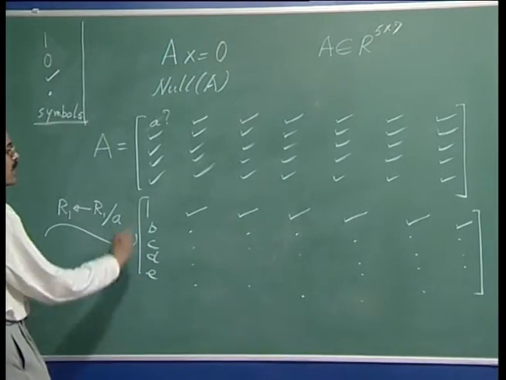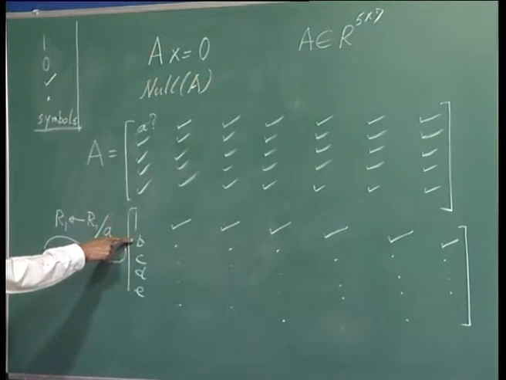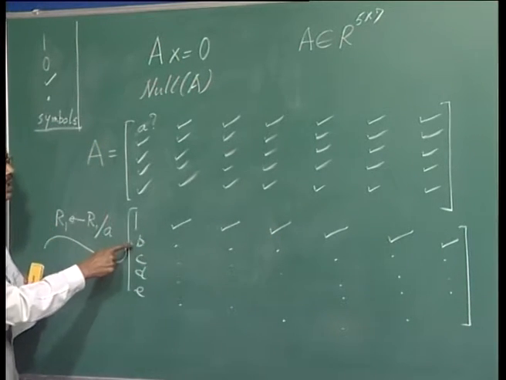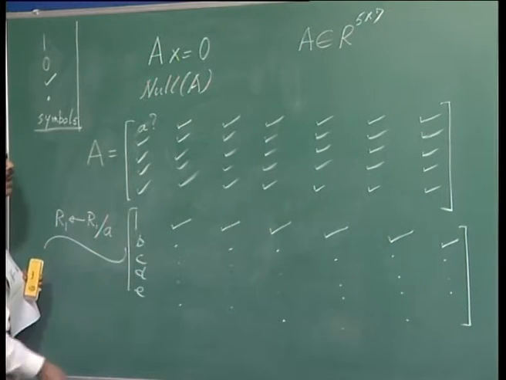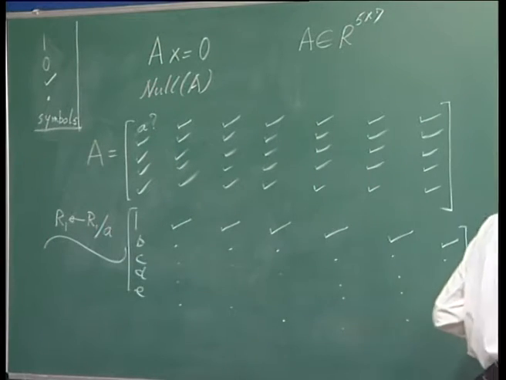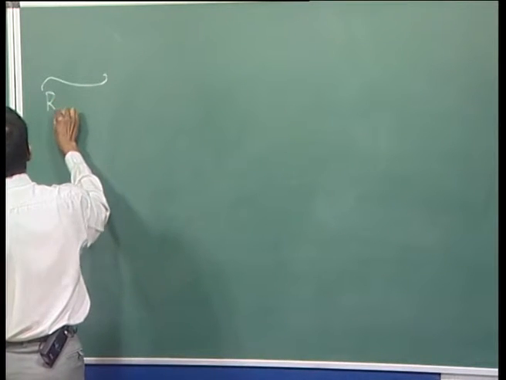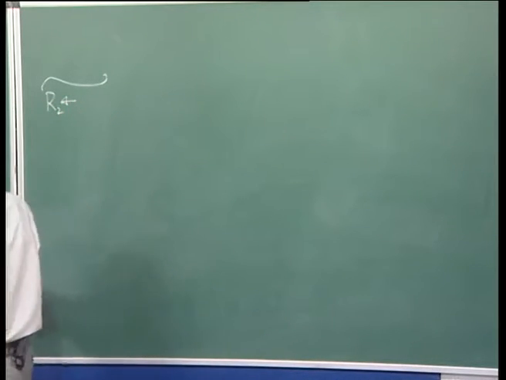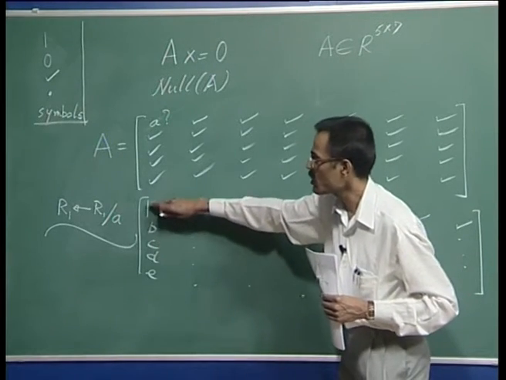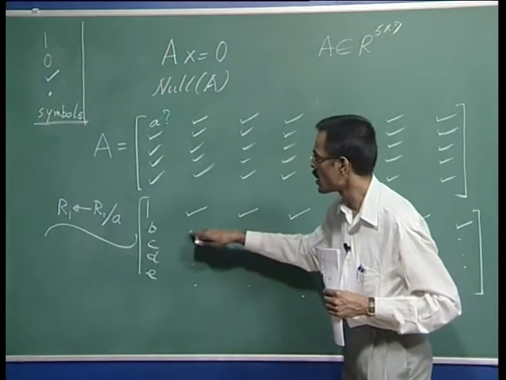What we do is we take the first row, multiply it with b and subtract from the second row. Then, whatever happens in the later entries, one thing is sure, that here we will get 0. So, the next elementary row transformation will be a set of 4 transformations: from the second row, subtract b times the first row. So, b minus b into 1 will give 0 here, and other entries will appear here.